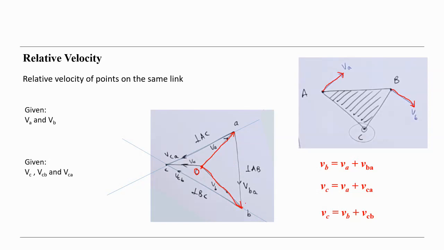And we know only the direction of VBA. You see here, this is VB about the point A. This is the VBA, the relative velocity.